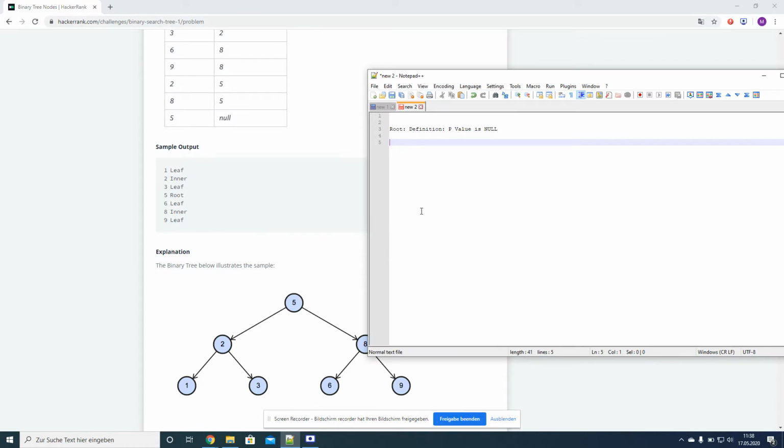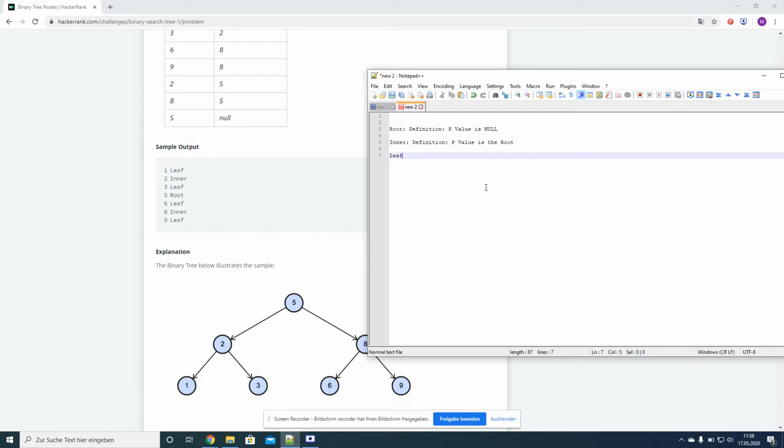So the definition of an inner is, key value is the root. So anything else would be the leaf.